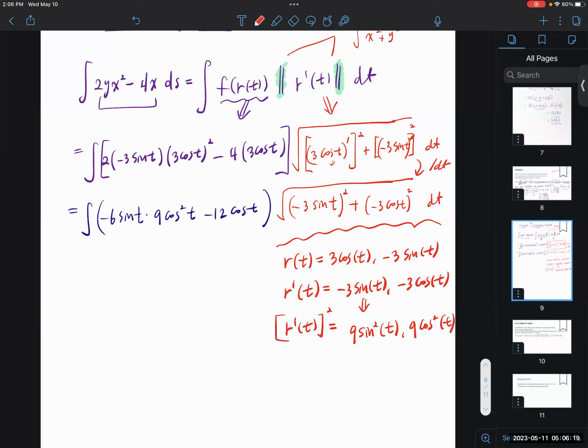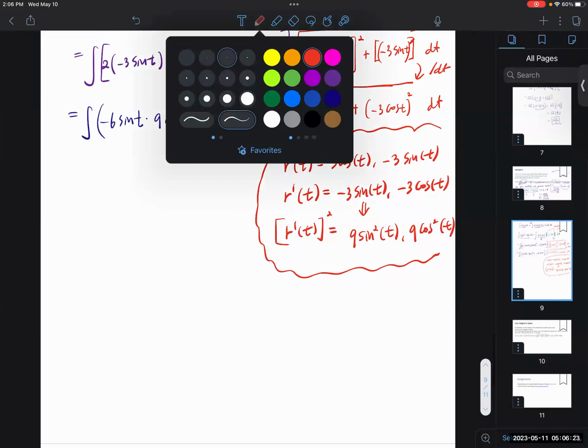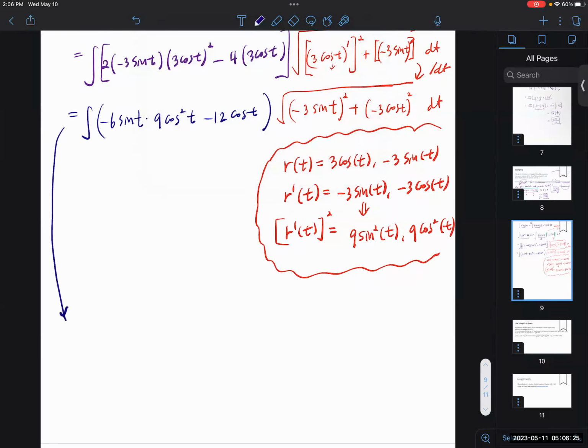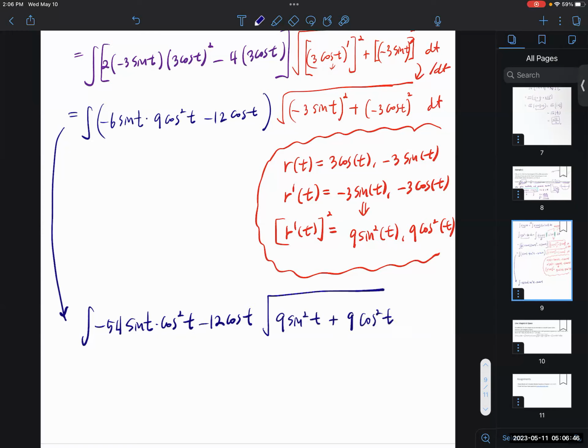So that's what is happening, for your better understanding. So now, keep going. Negative 6 times 9, negative 54 sine t, cosine squared t, negative 12 cosine t. And then we know this is 9 sine squared t plus 9 cosine squared t dt.